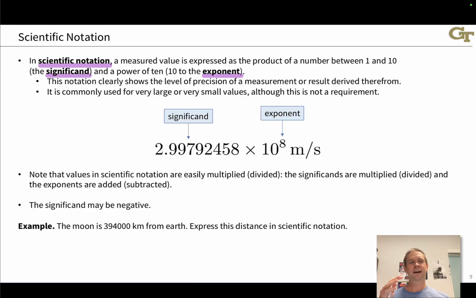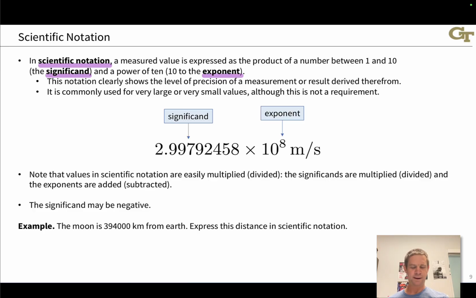To go from standard notation to scientific notation, I wanted to work this example with the moon's distance from the Earth. Now, if my eyes don't deceive me, this corresponds to 394,000 kilometers from the Earth, and we want to express this in scientific notation.